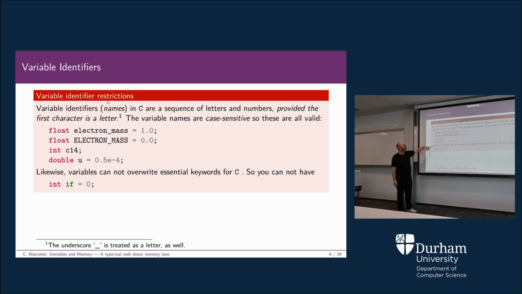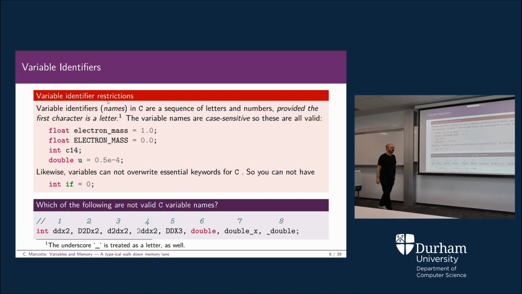Likewise, variables cannot overwrite essential keywords in C. So you can't have a variable named if, you can't have a variable named for, so you can't write int if equals 0. You can perhaps tell there's a hint here because of the syntax highlighting. The int is in red, the if is in green, whereas all these other variables are in black. That's because if is a reserved keyword in C and in fact in most programming languages.